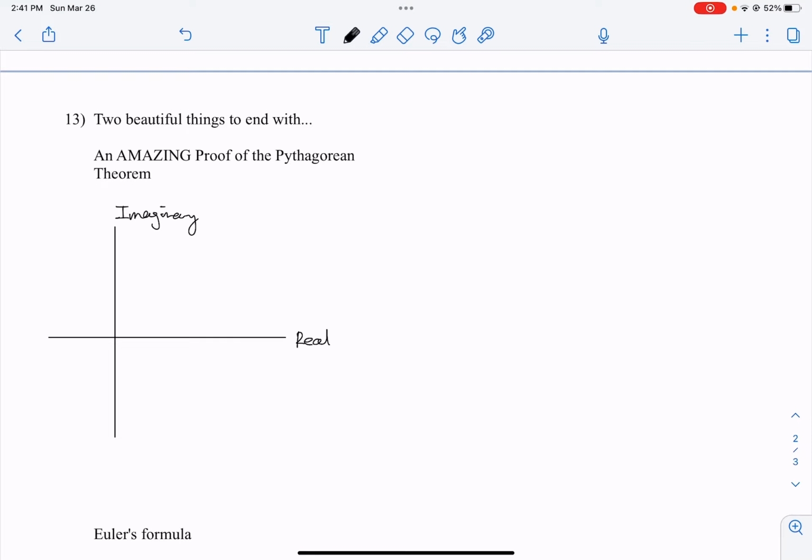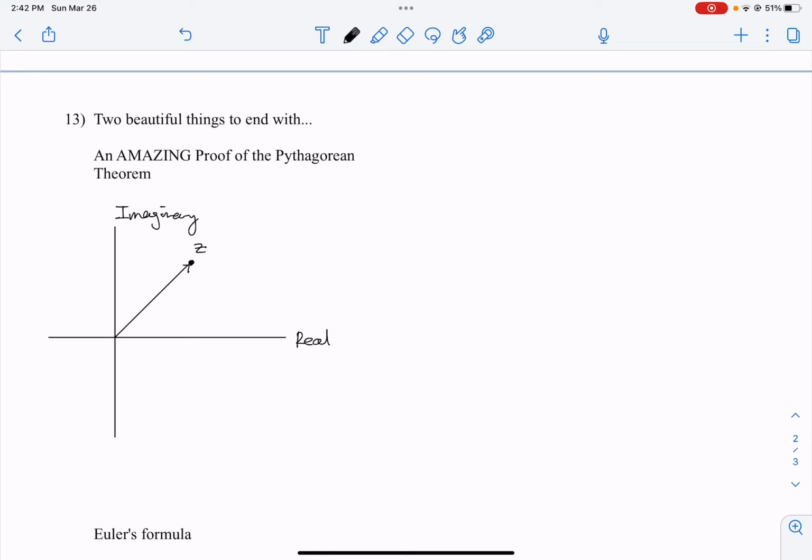So let's suppose I have a complex number right here. We'll call it z. You can visualize it either as a point or like a vector. We went over how complex numbers are very similar to vectors, so you can sort of interchange them, except you can multiply complex numbers.